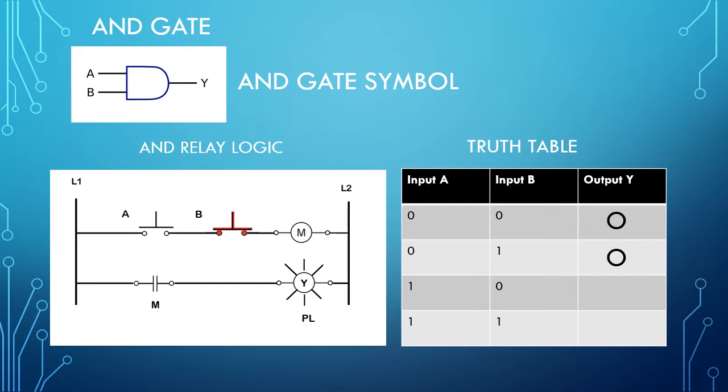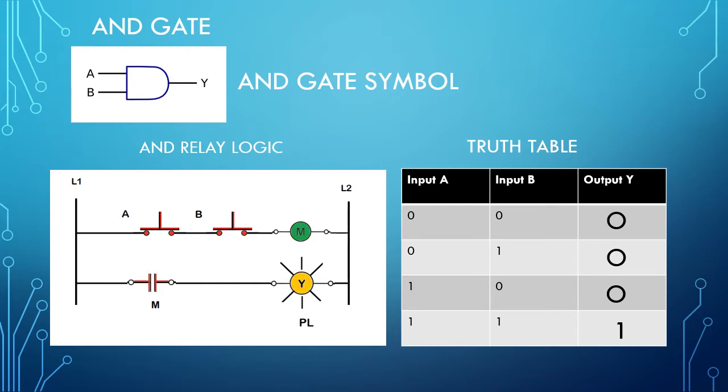So current can't get through and magnetize my coil and pull in my contacts. Therefore, if A is false and B is true, output Y is still false. If I should just push button A, it's the exact same thing. A is true, but B is false. So my output Y is also false or off.